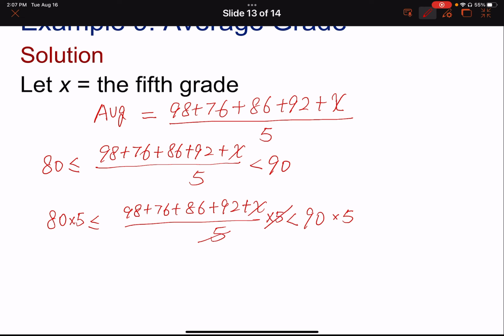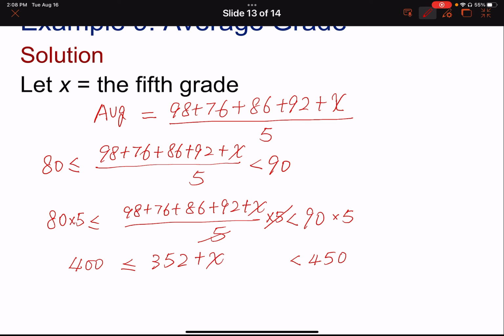And so 80 times 5 is 400, less than or equal to, and let me calculate 90 times 5, 450. Okay, for the middle one, we can use a calculator to help us. I need to sum the four numbers together, 98 plus 76 plus 86 plus 92. So that's 352. 352 plus x.